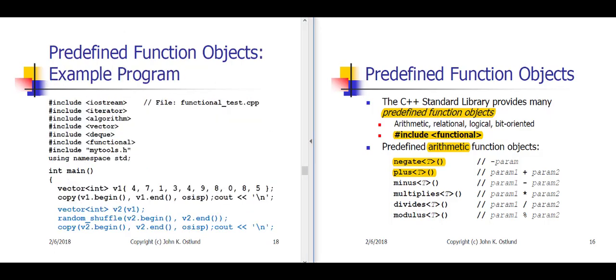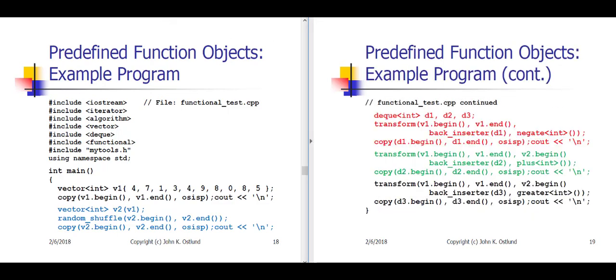Here on slide 18, we're basically setting up a couple of vectors, v1 and v2. And then on slide 19, we have some code making use of those vectors, as well as some empty deques, d1, d2, and d3.